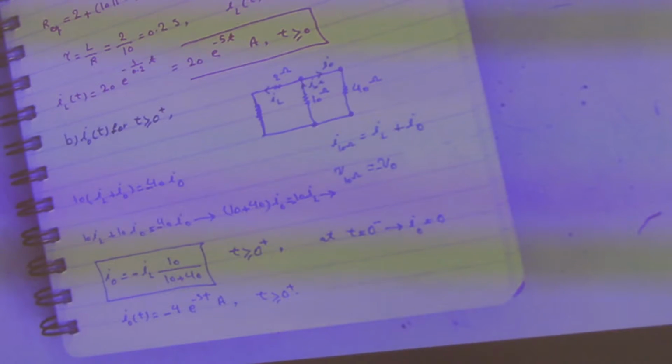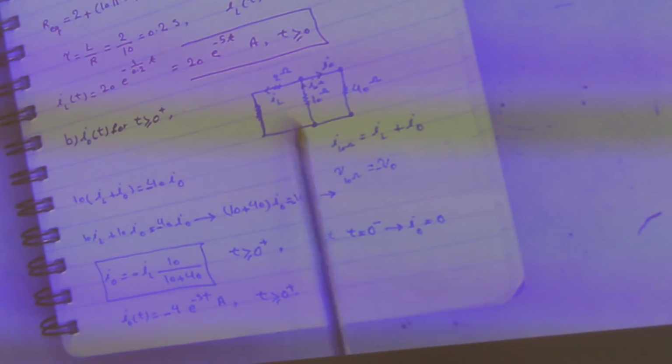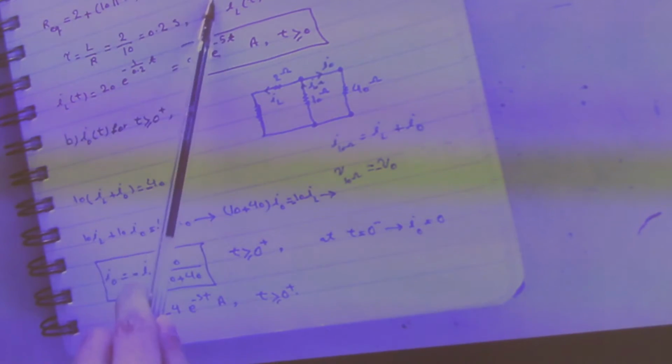What is the equivalent resistance in this circuit? You have two resistors in parallel, 40 ohms and 10 ohms, and they are in series with this one, 2 ohms. So 2 plus 10 multiplied by 40 over 10 plus 40. You should get 10 ohms.